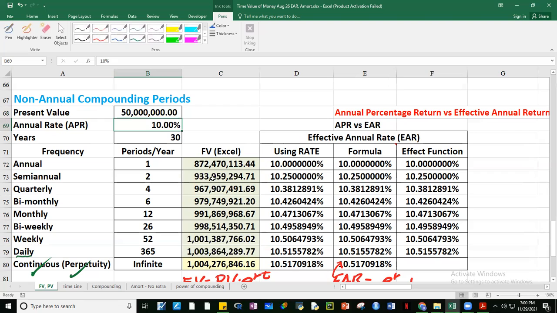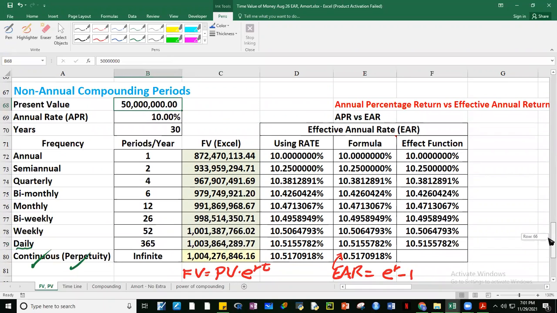Okay, you can see here the difference, no? Mas lumalaki. Ito 872 million, ito 1 billion na. Okay, ang difference na mga 200 million na yung difference, no? 200 million yung difference, especially pag mas malaki yung kino-compound natin.